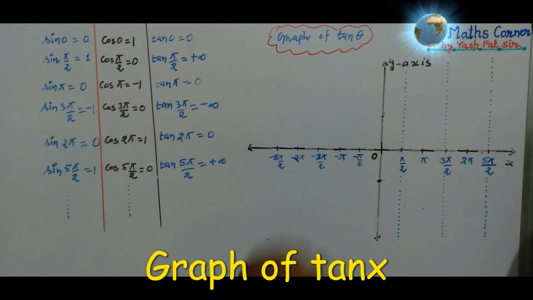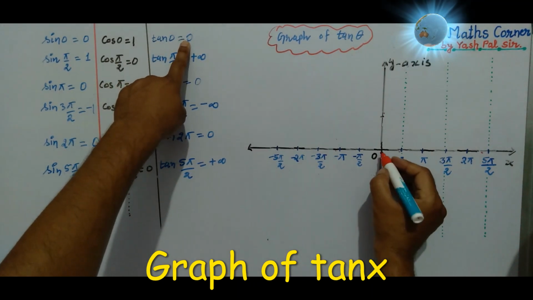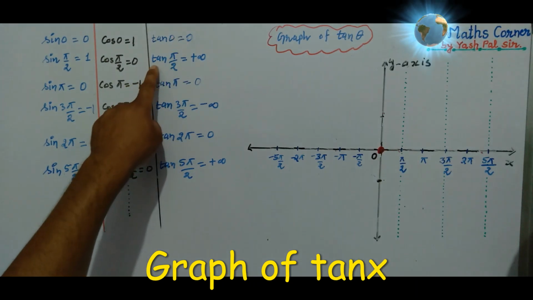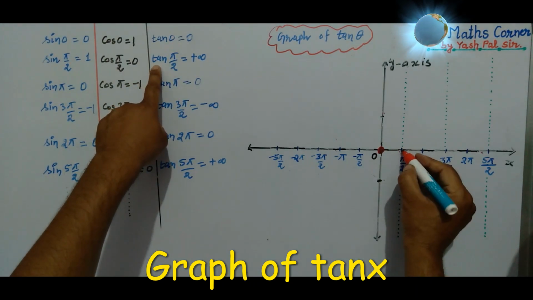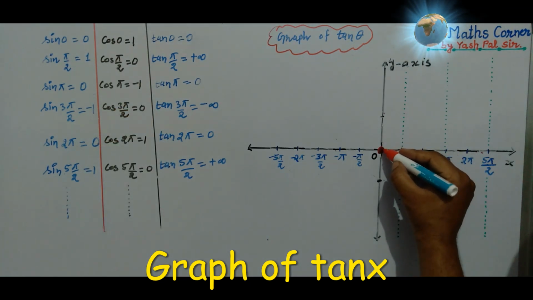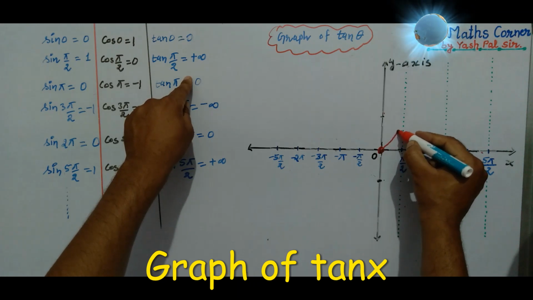Graph of tangent theta. First of all, tangent 0 is 0, so this is the point. Tangent pi by 2 is plus infinity, meaning we are moving like this.